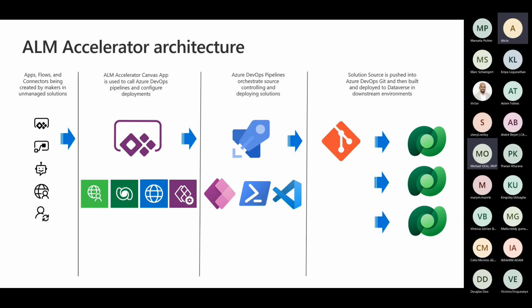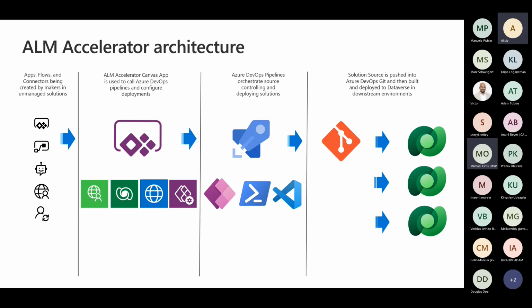Then we folded the ALM Accelerator into the CoE Starter Kit. We've released it as an open source project along with the CoE Starter Kit. And now we've got this sort of inception thing going where we actually use the ALM Accelerator to release the CoE Starter Kit. We also use it to release the ALM Accelerator.